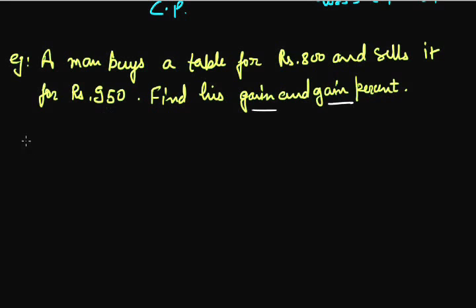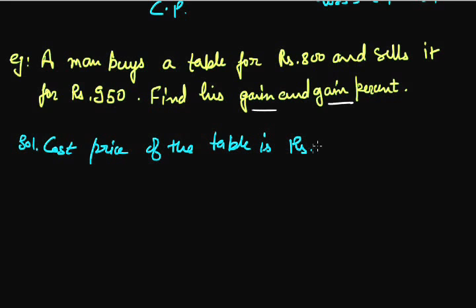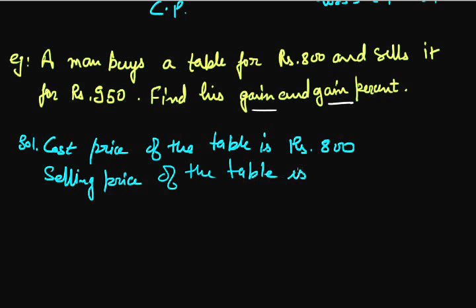Therefore, the cost price of the table is rupees 800 and the selling price of the table is rupees 950.